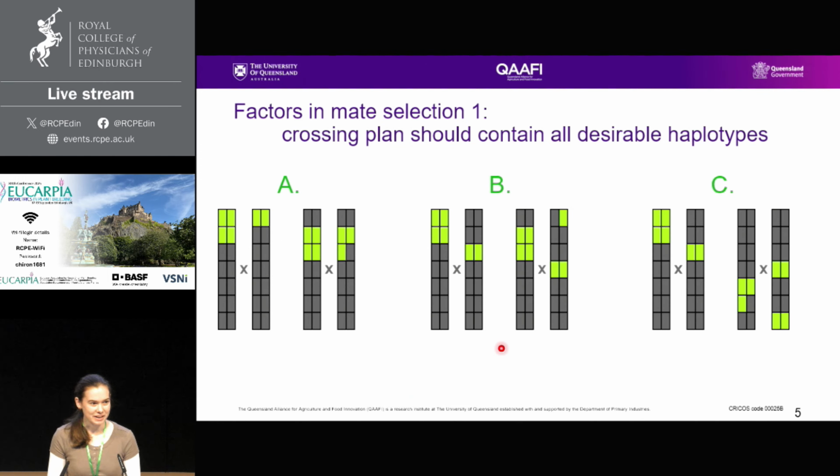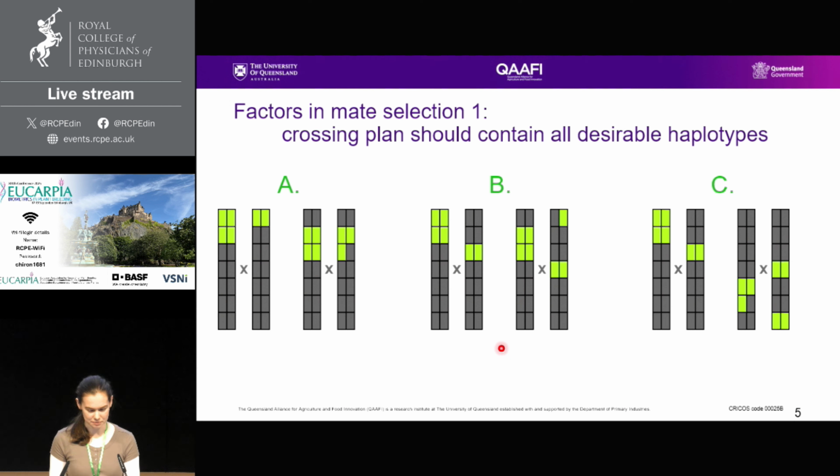So the mate selection method that I'll be talking about, I've based around two principles, two factors, and I'll take you through those two first. These are the two things we're going to base this mate selection method on. The first one was, we think the crossing plan should contain desirable haplotypes at every block of the genome, if possible.